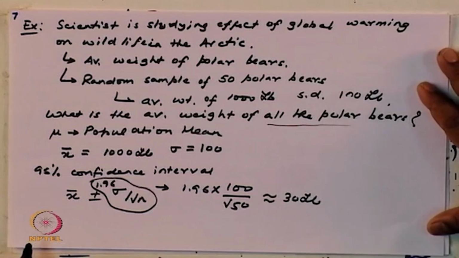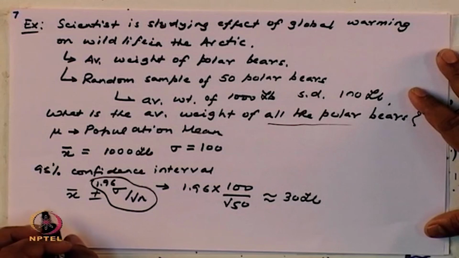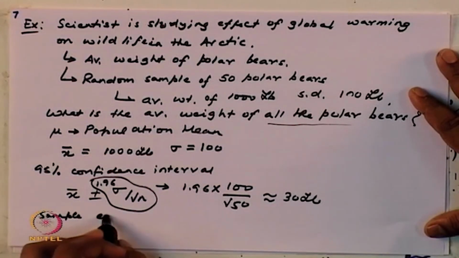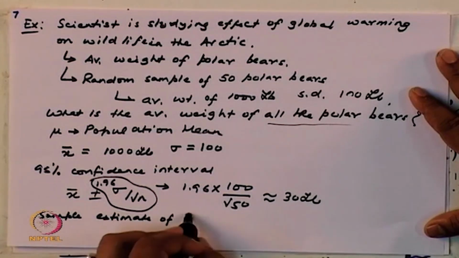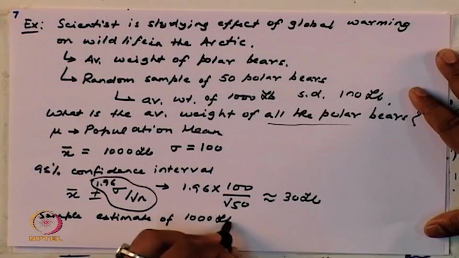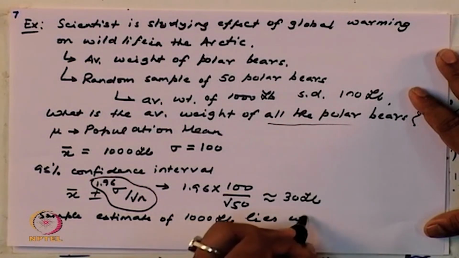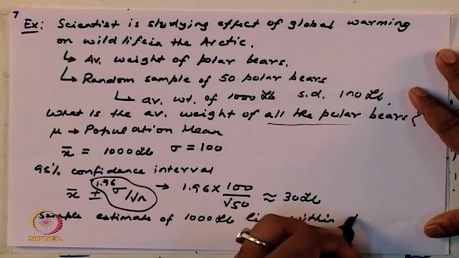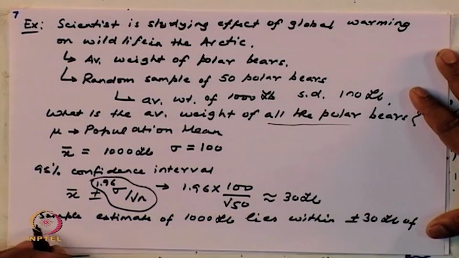So what you can say with certainty is that the sample estimate of 1000 pounds lies within plus minus 30 pounds of the population mean.